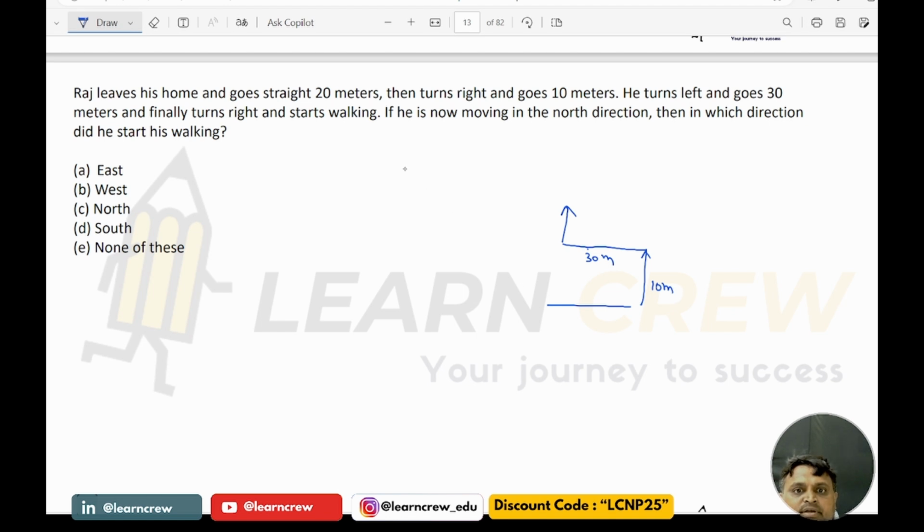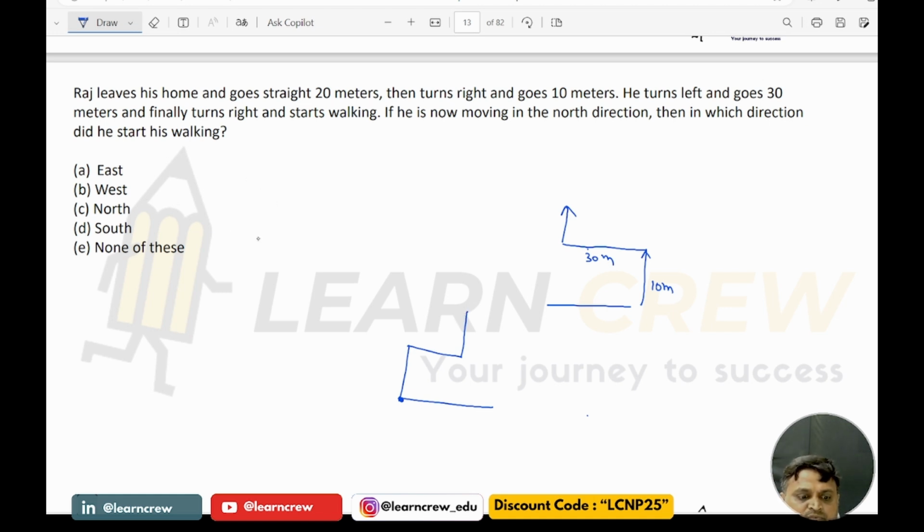Raj leaves his home and goes straight 20 meters. Then he turns right, so the person is traveling like this. Then he turns right again, 10 meters. Then he turns left and goes 30 meters. And finally turns right.